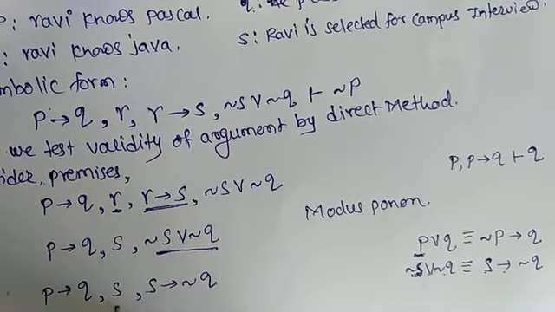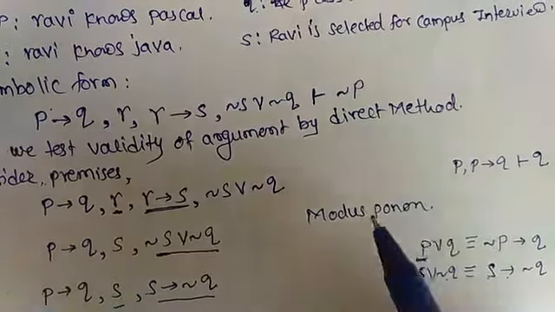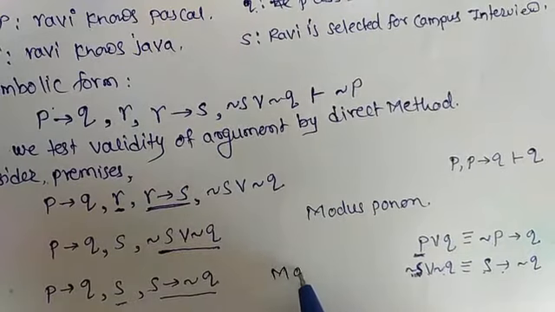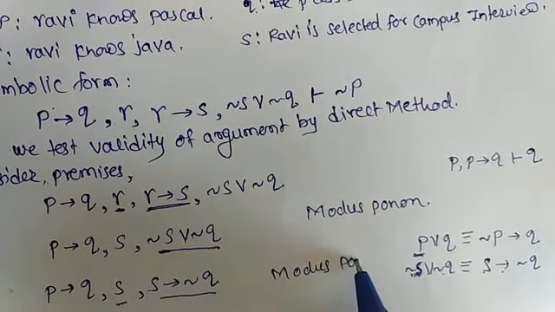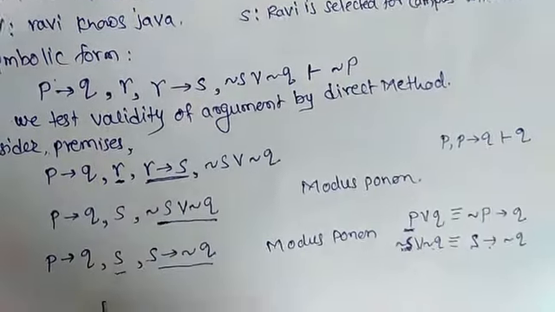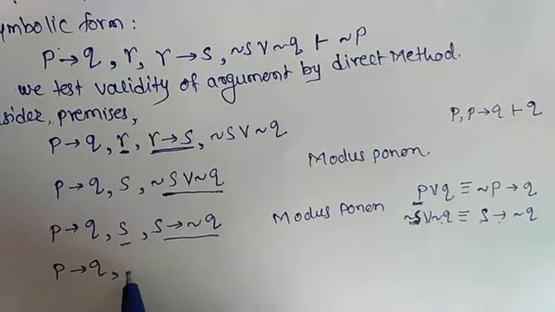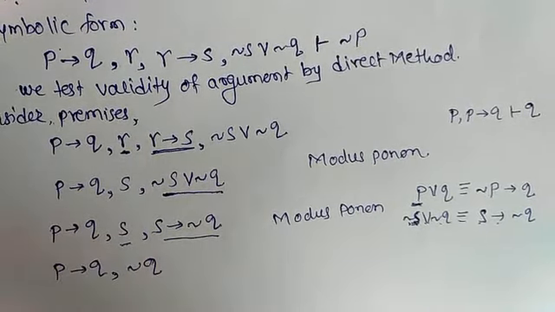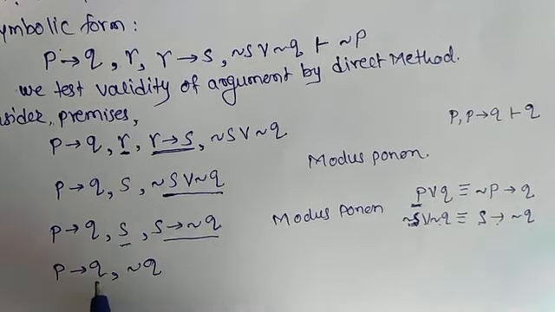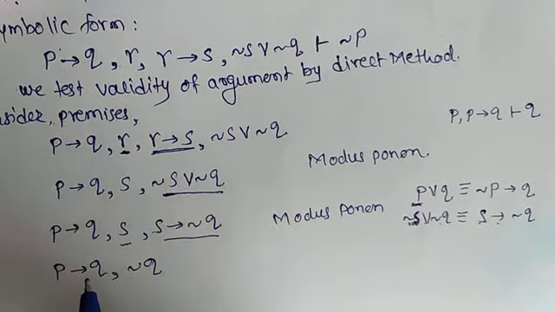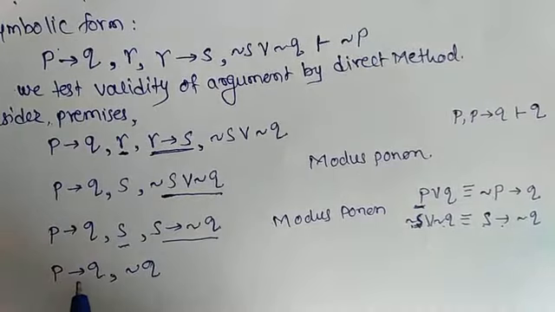Now from these two, again by using modus ponens, we get P implies Q, comma, negation of Q. Now for modus tollens, or you may convert it into modus ponens, you have to negate.